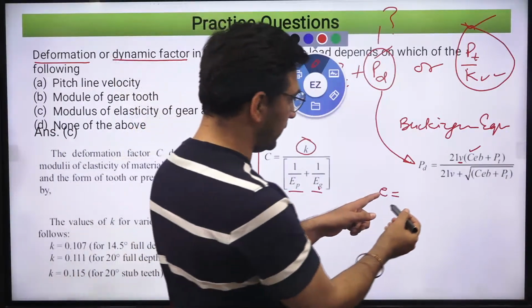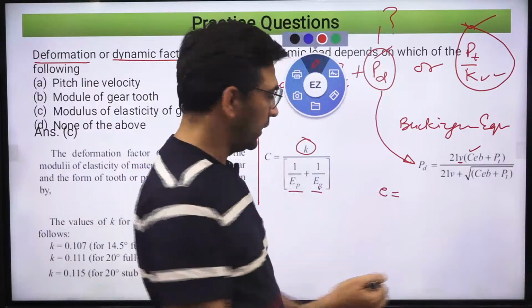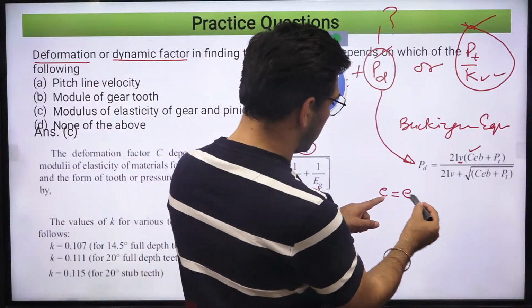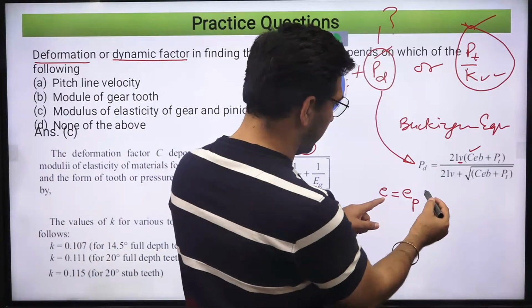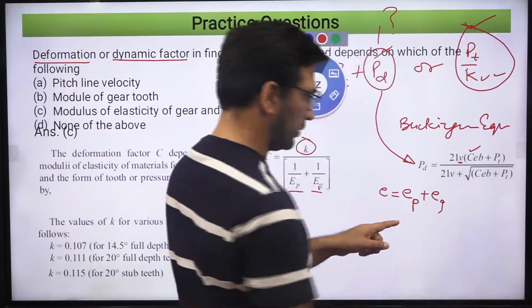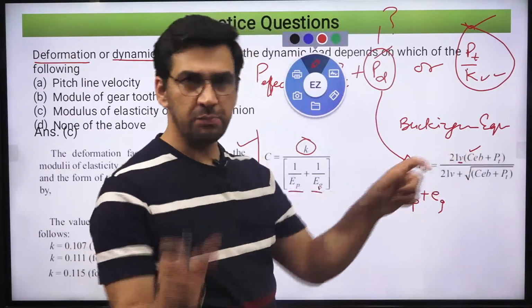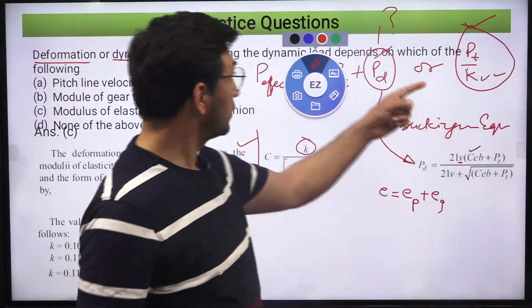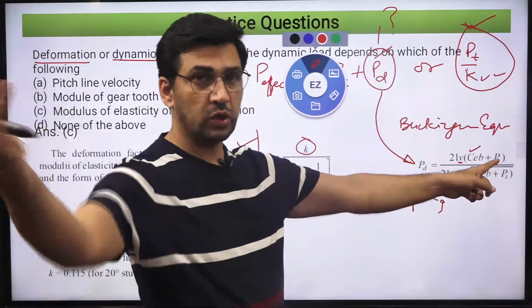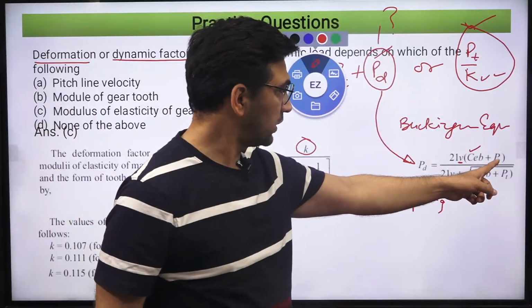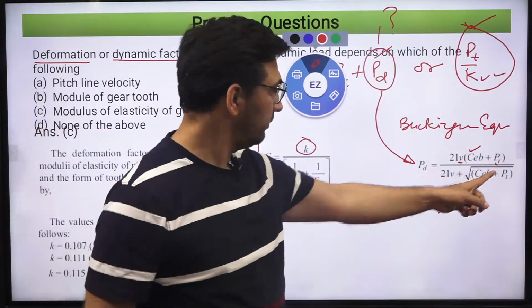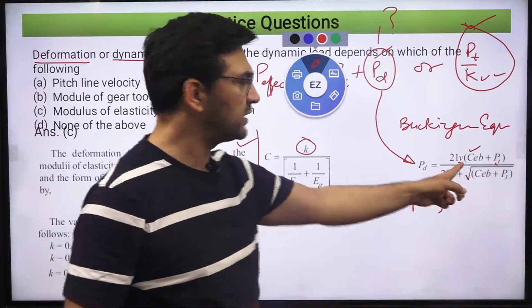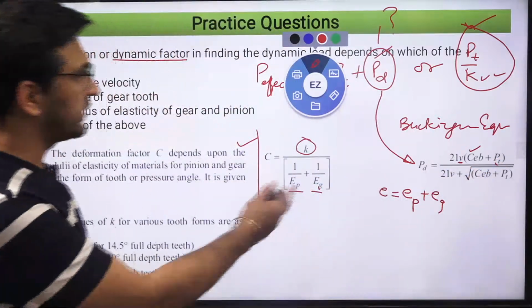Let's say it is in micrometer, so I am writing it as tooth error on pinion plus tooth error on gear. As simple as that. b is simply the width, which is going to be the same. PT, the tangential tooth load, you have to get from the power equation. That's all, these are the only terms. And V is the pitch line velocity. Now you can decide very easily.